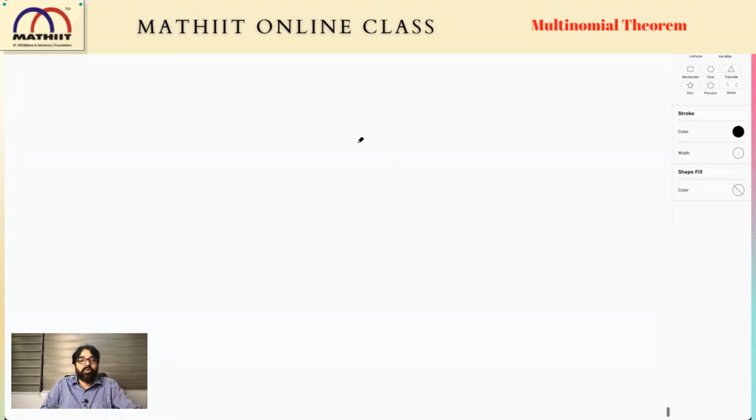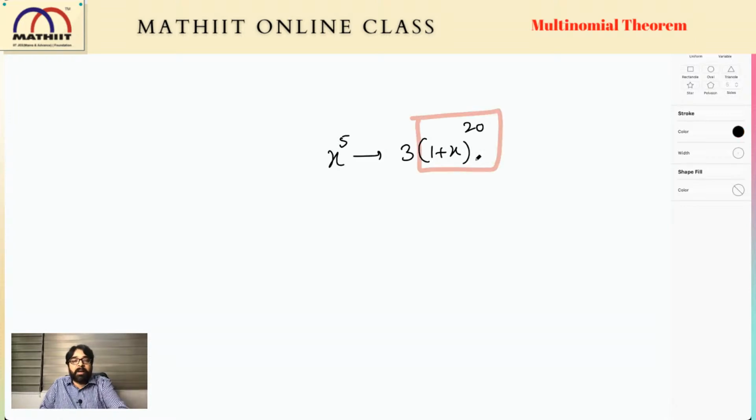If I ask you, find the coefficient of, I will write the coefficient of that whole term like this. Find the coefficient of x power 5 in 3 into (1 plus x) power 20. What is the coefficient of x? In this particular bracket, x power 5 term will come or not? Yes, it will come. What is the coefficient of that?